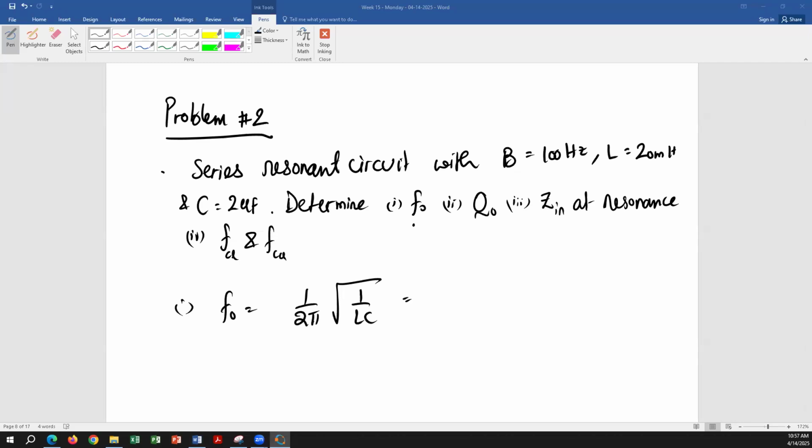So F naught is the reciprocal of square root of LC times 2 times pi, 795.77. That's the center.